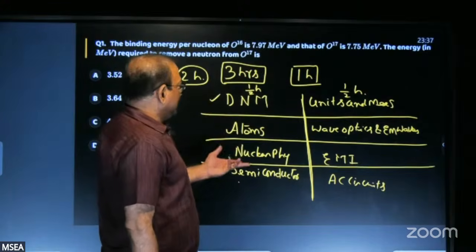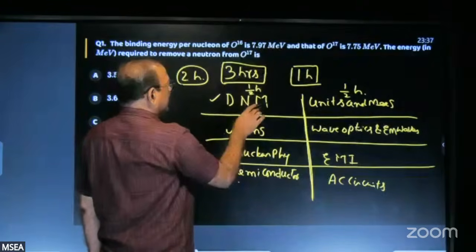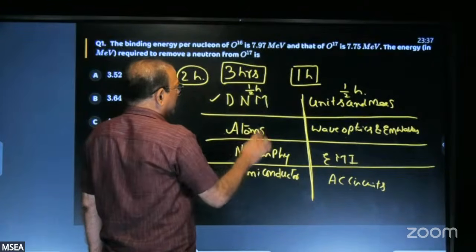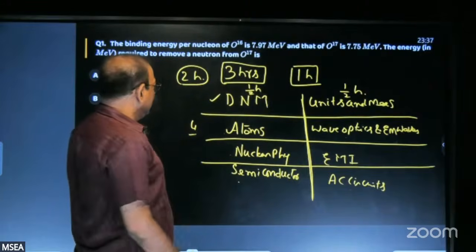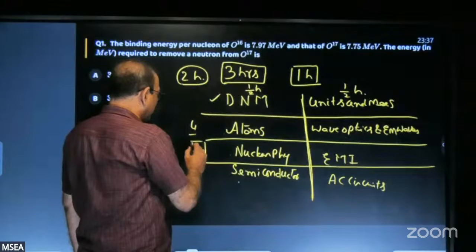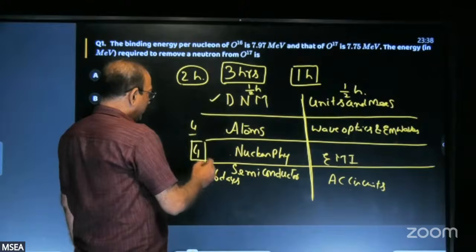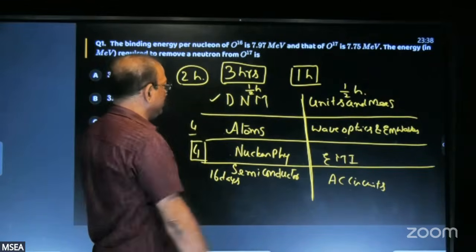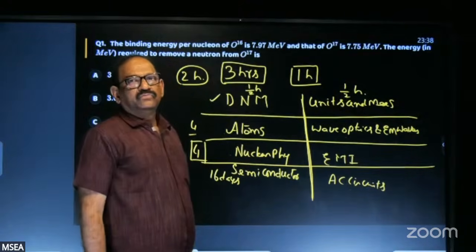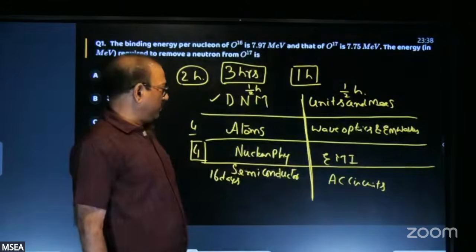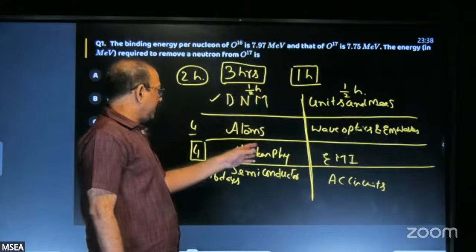Again, third cycle. Like this, to complete one cycle of these 8 chapters, half an hour daily, you are taking 4 days. Suppose 4 cycles, 4 into 4, 16 days, you can complete 4 times revision of these 8 chapters. From today, if you take by June 3rd or 4th, you can complete 4 cycles of revision.